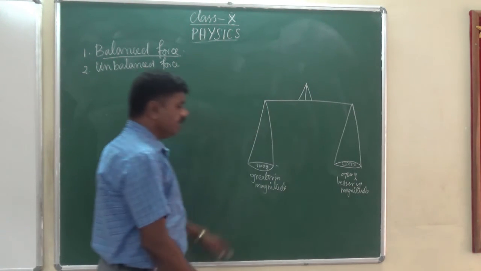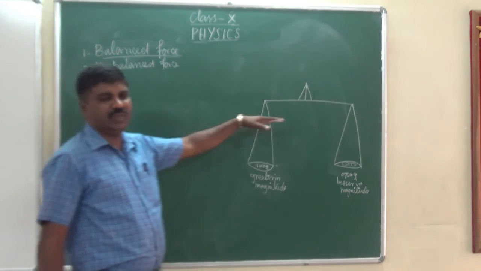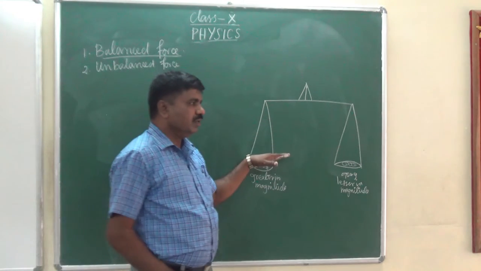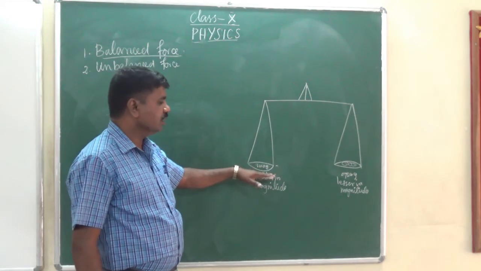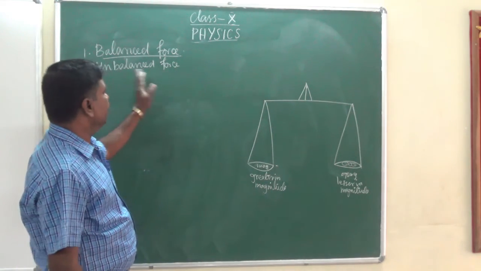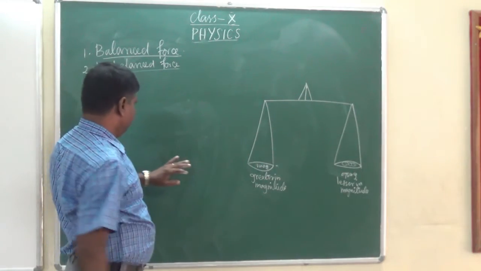One side is greater and the other side is lesser, so it is not in equilibrium position. Whichever side has the greater force, that side will move. So that will not be a balance, and we can say it is an unbalanced force.